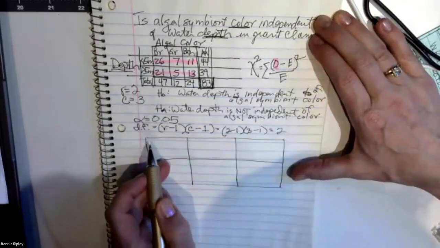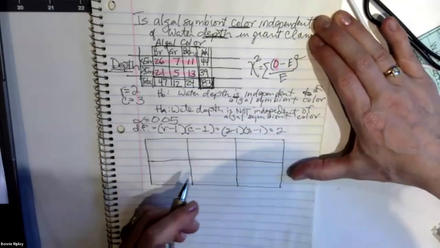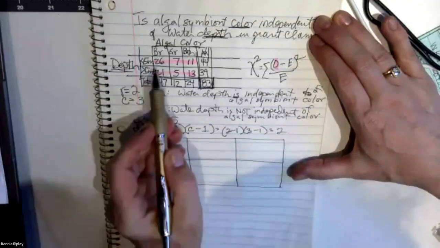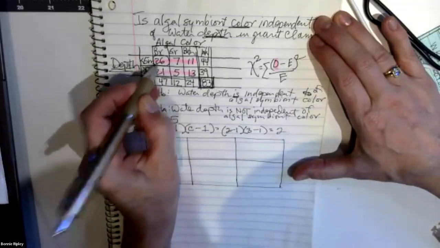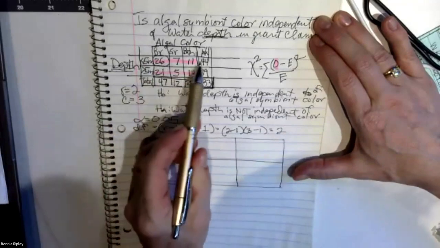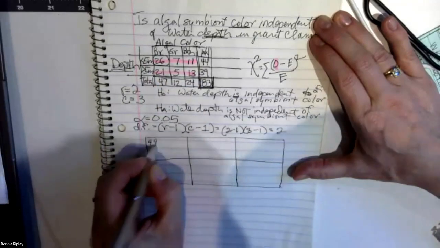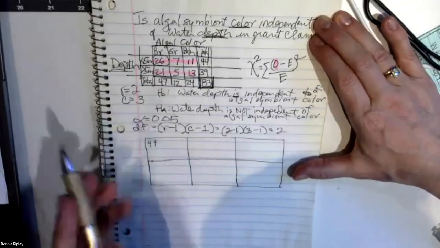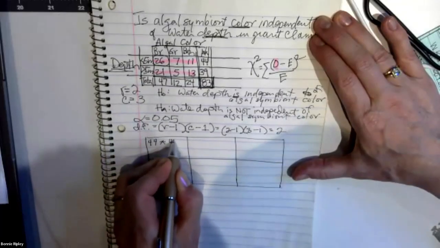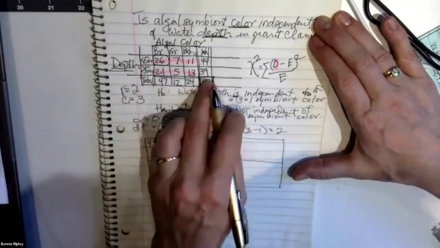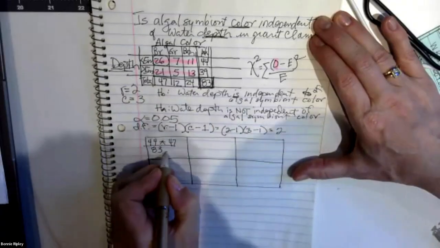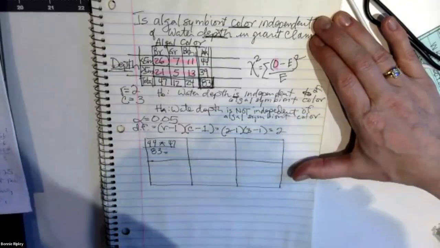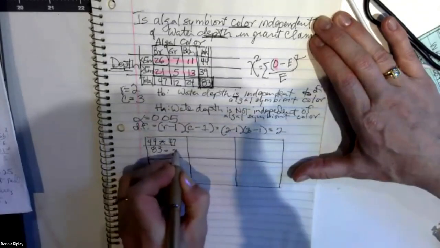So our formula for the expecteds: we want to start with brown and less than 5 meters. I'm going to do the row total 44 times the column total 47 divided by the total 83. I'm going to calculate that with my calculator, and you get 24.9.